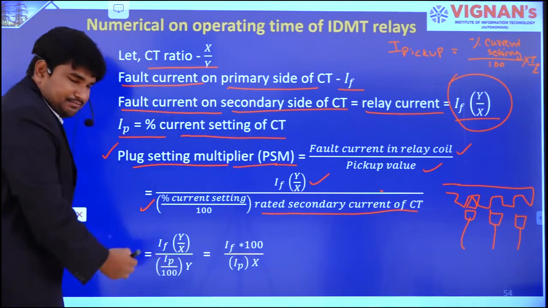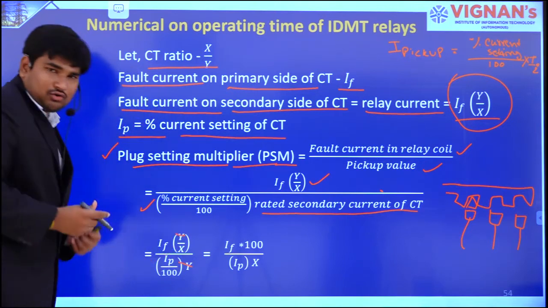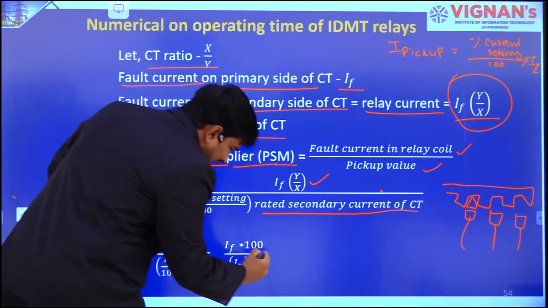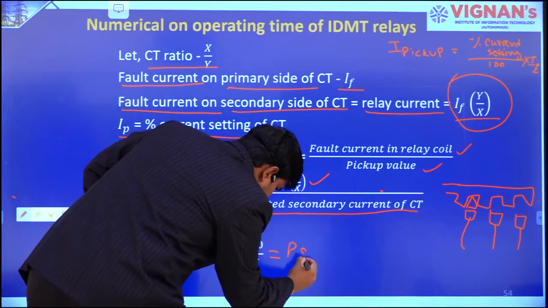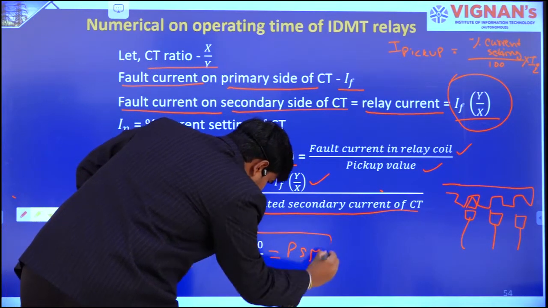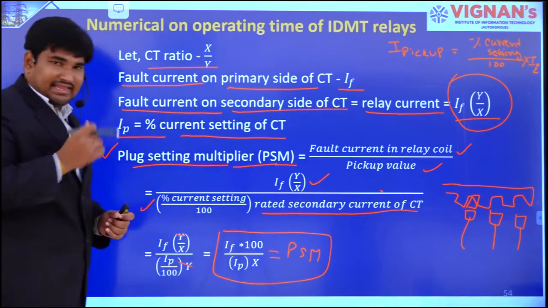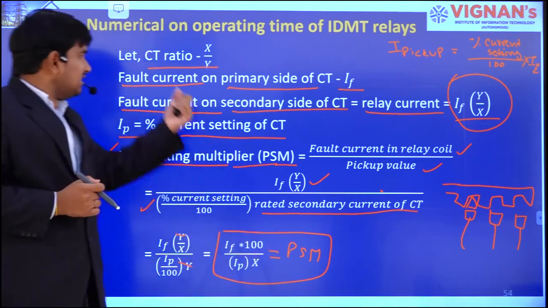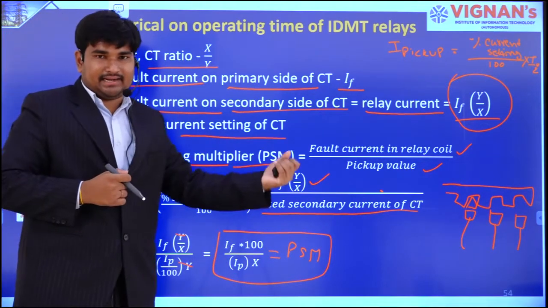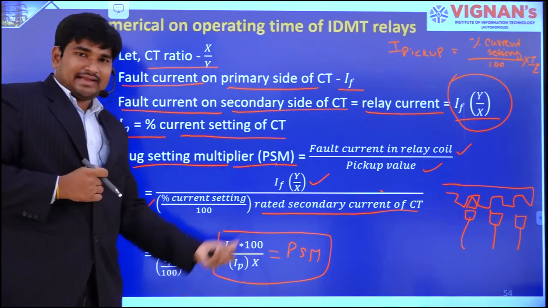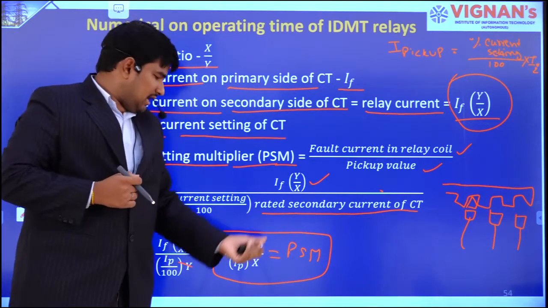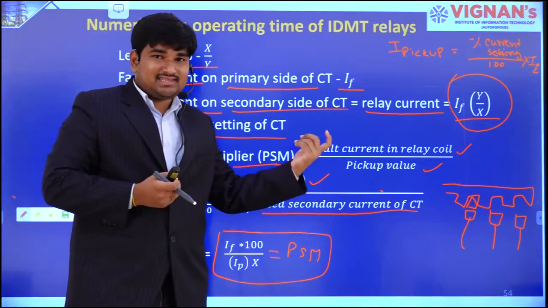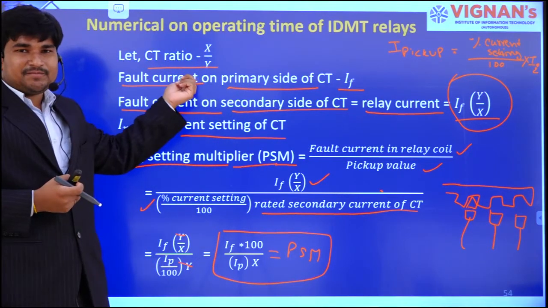So from here Y and Y could be cancelled. Then the equation will be modified to IF into 100 divided by IP into X. X is the CT primary current, IP is the percentage of current setting, and IF is the fault current on the primary side, which gives the relay input current, the secondary current of the CT.